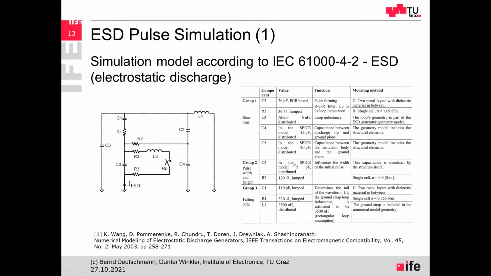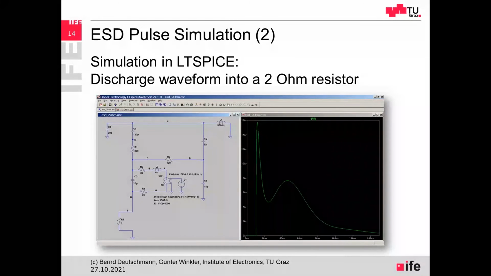And in this paper, there is a very good description of how to model an ESD gun. And in the table, you can also find all the values for the resistances and capacitances that you can use in order to make your own simulation model for this ESD gun. So we also did it in our lab. This is our LTspice representation of this model.